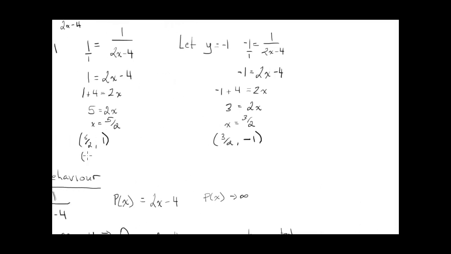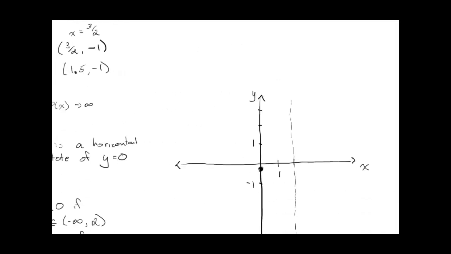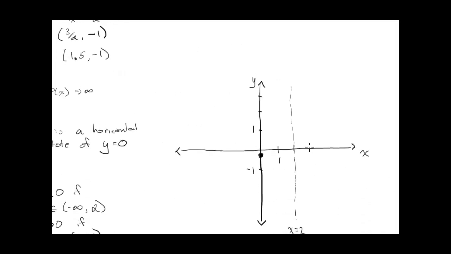If you need to convert to a decimal to help you graph, that would be (2.5, 1), and this would be (1.5, negative 1). So put those 2 points on. So (2.5, 1), so 2.5, say that's 3. So (2.5, 1) would be right there. And (1.5, negative 1) would be right around there. So we have 3 key points, a y-intercept, and then the points where y equals 1 and negative 1.